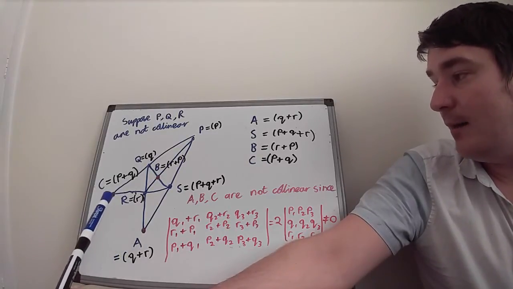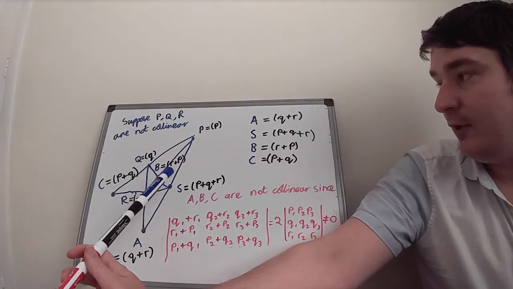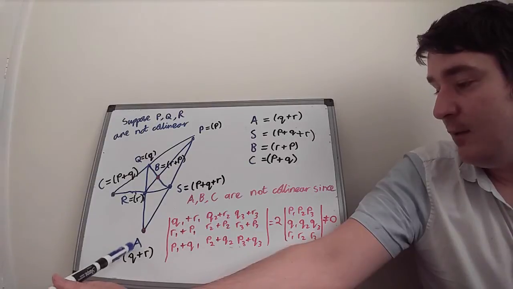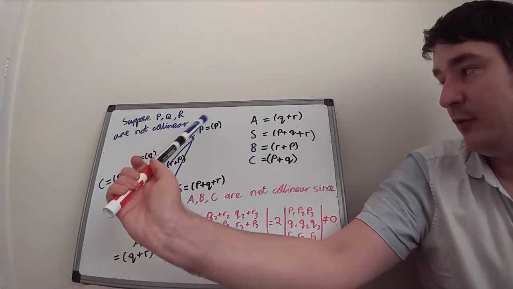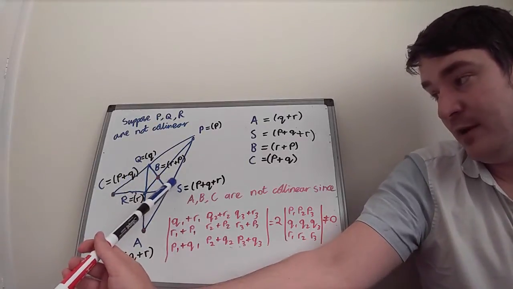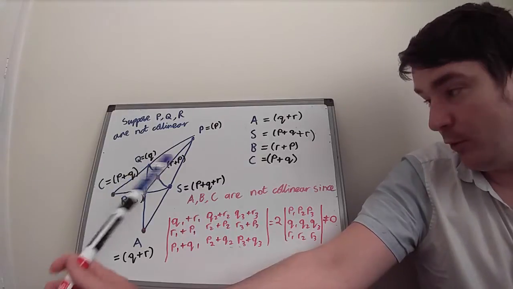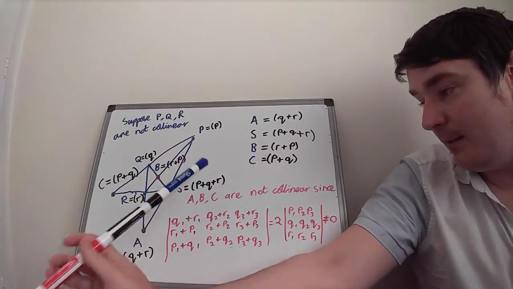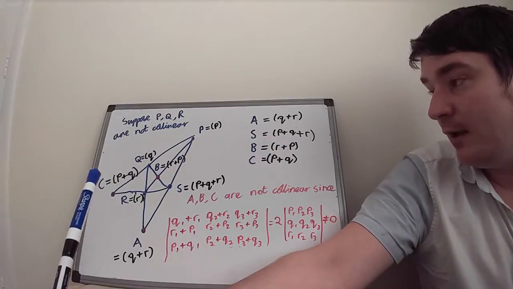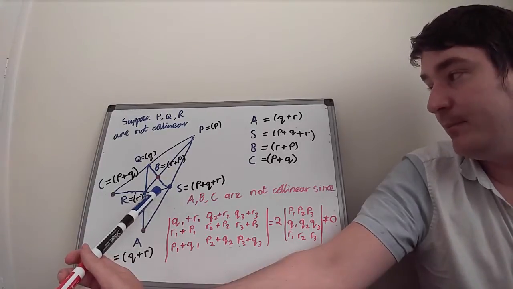And then the next thing is we know that S is going to be a point which lines up with A, which is Q plus R, and P, which has homogeneous coordinates P. So since this is just an independent point on this line, we're free to give it the simplified coordinates P plus Q plus R. And by doing so, we've assumed that it's not collinear. We're assuming that it's not forming any collinear triples either.